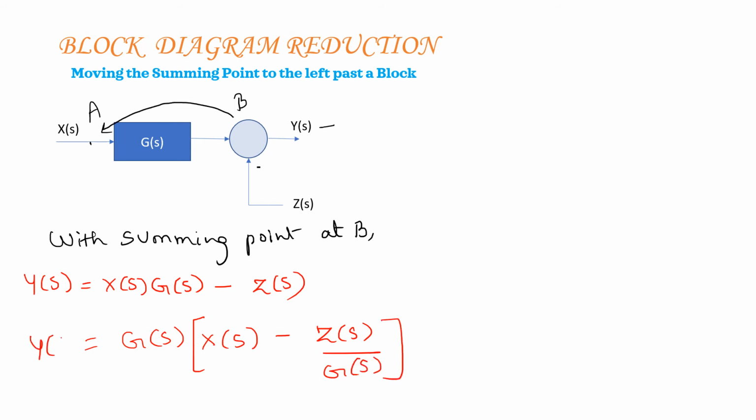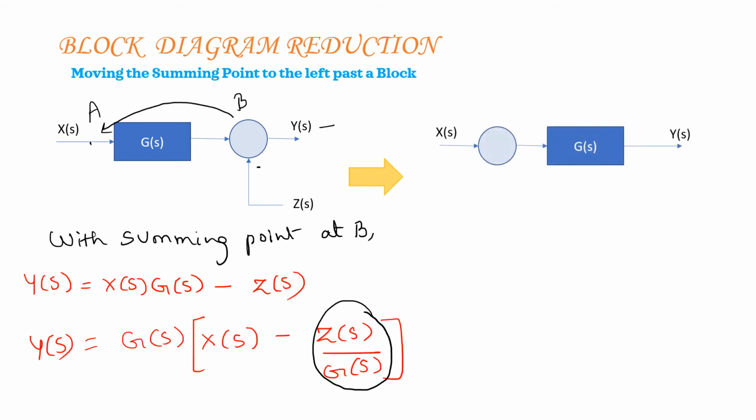Now if I am going to shift my summing point from B to A, I will have a block which is having a gain equal to 1 by g of s. So here this is the summing point which is shifted to A. This was B, this is A, the summing point is shifted to A.